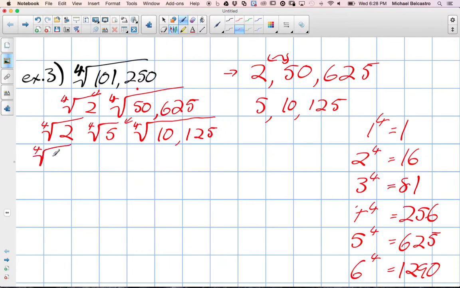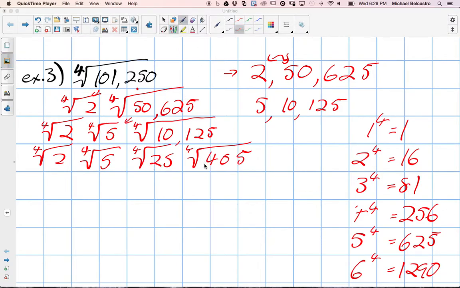We have the 4th root of 2. I was going to split it into another 5, but if you can see that, that's a good one to test. 4th root of 25, 4th root of, and what does the other number become? 405. Okay. Now, we know 25 can be split.